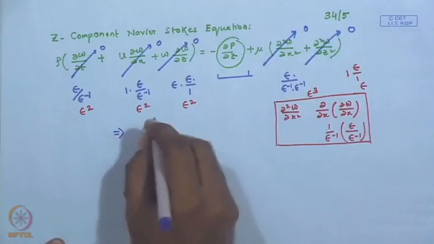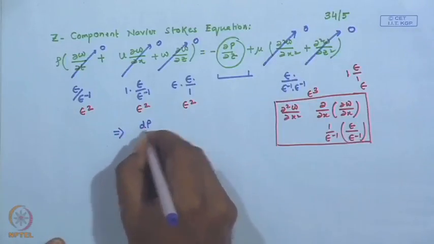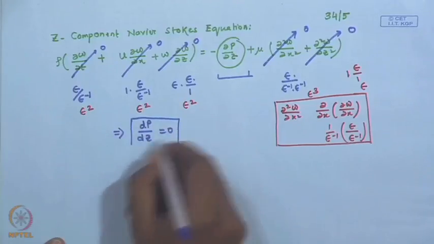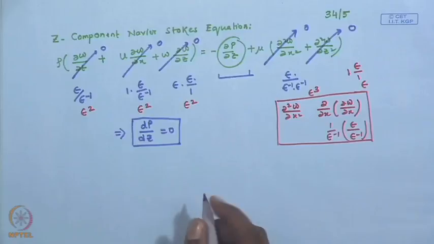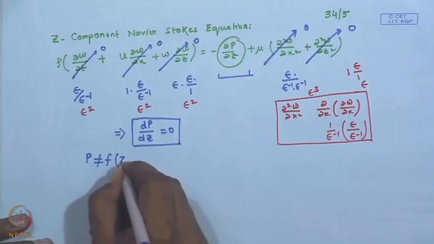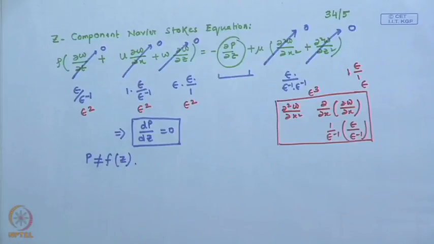and what emerges out is that dp dz is equal to 0, which means that p is not a function of z. Now, this is significant, that is, there is no distribution of pressure across the film in z direction.